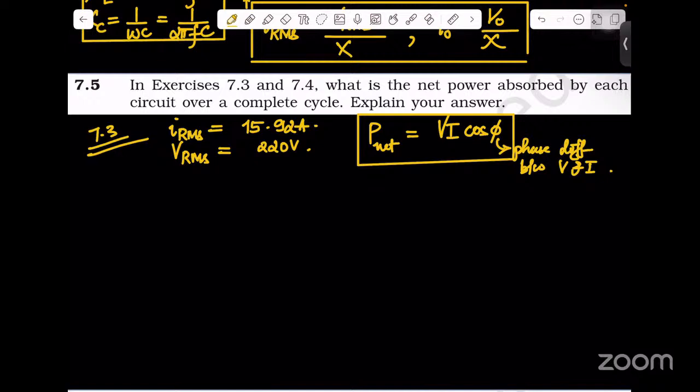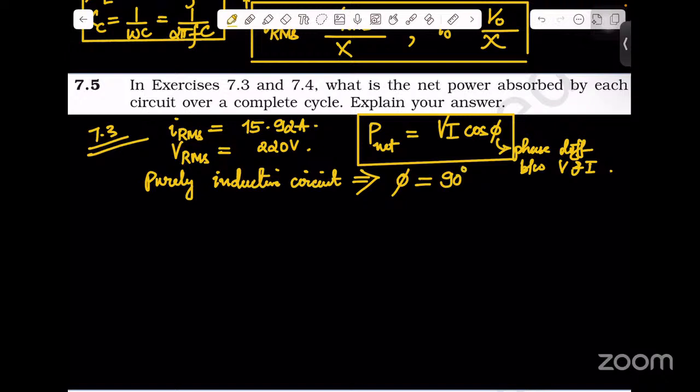the 7.3 example was a purely inductive circuit, right? And for a purely inductive circuit, the phase difference between the potential, that is V, and I is 90 degrees, right?